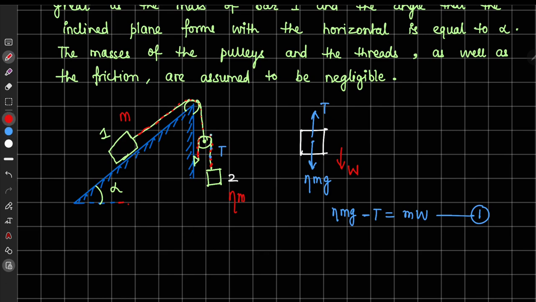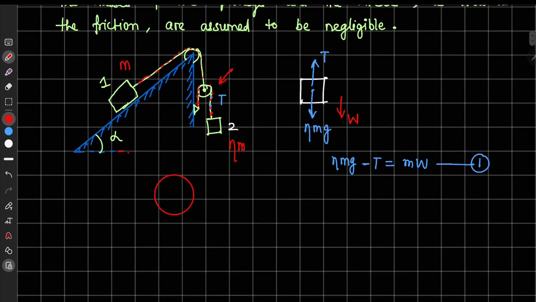Now let us draw the free body diagram of this pulley. The tension force in this thread is T, and it will always act on the pulley so that it tries to pull, as tension cannot push. So we will have the tension force T in this direction and T in this direction.